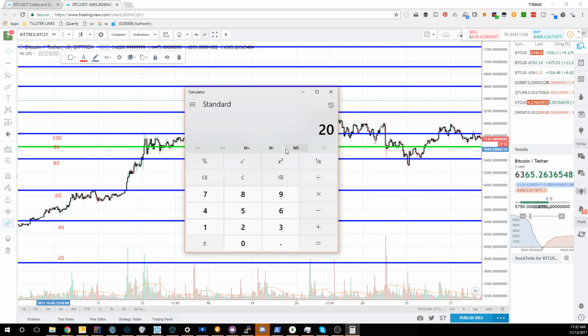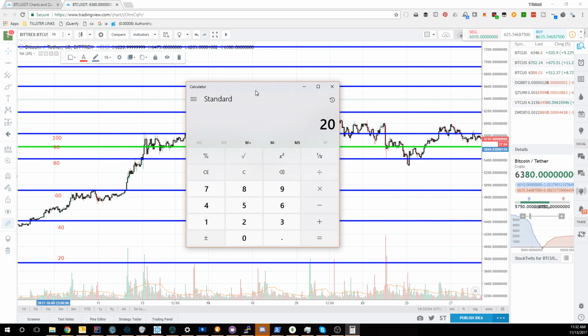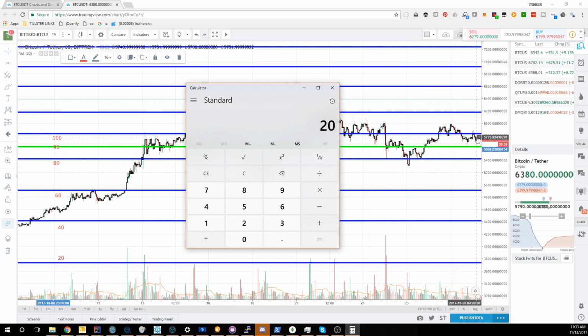This is called dollar cost averaging. The idea is that you need to be able to average your cost of your asset as the market moves down. Now let's do this experiment again, except let's use different numbers in terms of how much we're buying. We're going to start by buying 1 Bitcoin at $100. And then when it comes down to $80, we'll buy 2 Bitcoins for a grand total of 3 Bitcoins. So we need to add $160 because we bought 2 Bitcoins times 80. 160 plus 100 is $260.